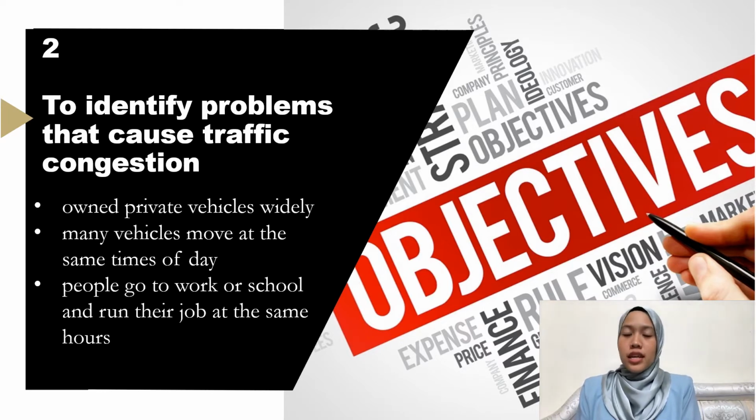As you can see, there are many private vehicles on the road blocking one another until they cannot move because they move at the same times of day. This can be shown when people are going to work or school in the morning, and also in the evening when they want to go back home.